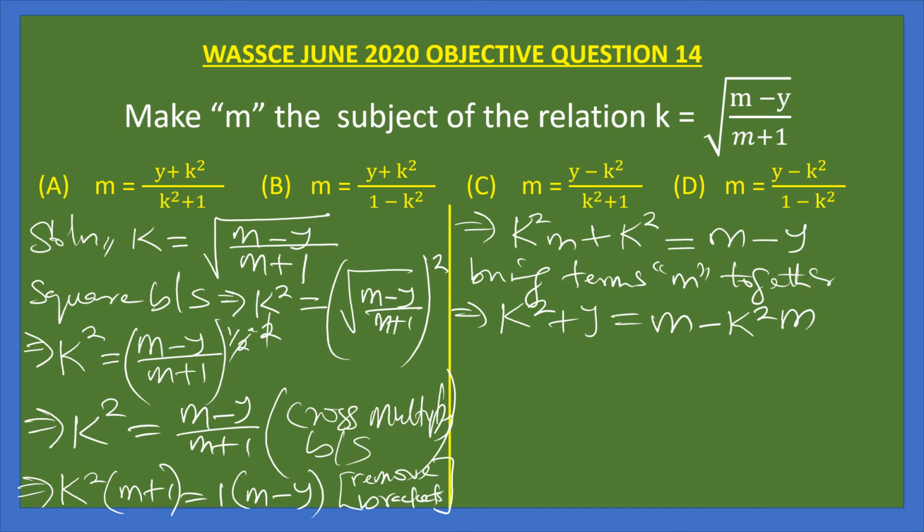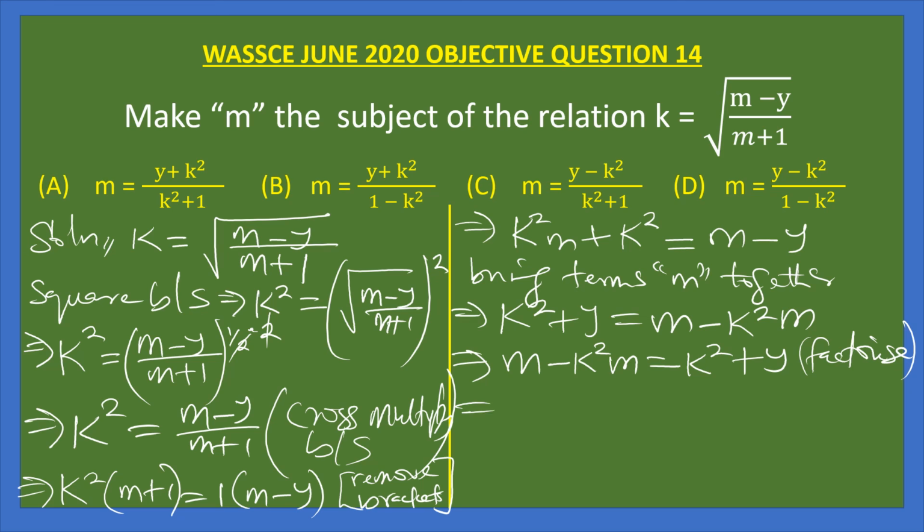Okay? Now let us proceed. Now we can rewrite this equation as M minus K squared M as equal to what? K squared plus Y. We have not changed anything. It's still the same thing. These two equations are still the same. Okay, so let's proceed. Now what do we do? We factorize. Our intention is to make M stand what?